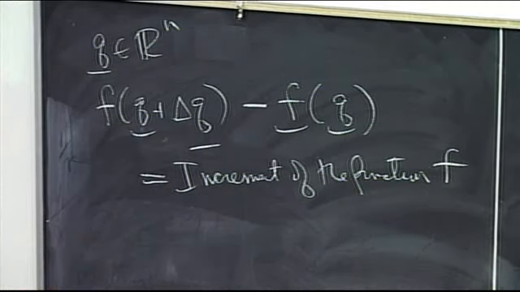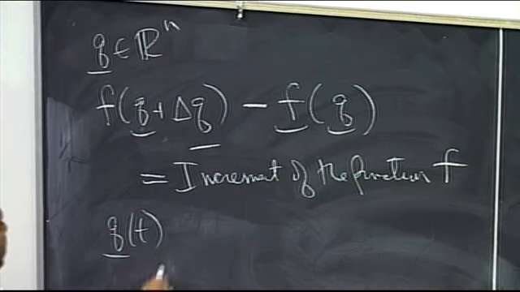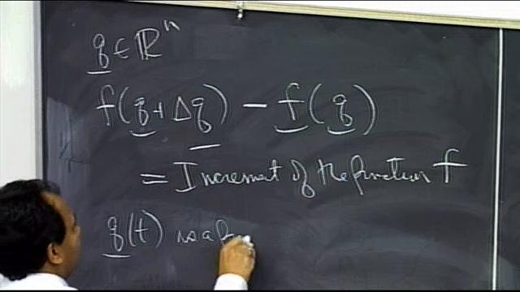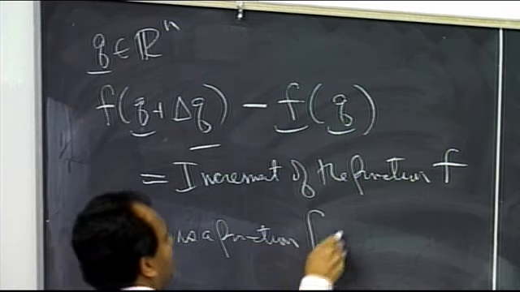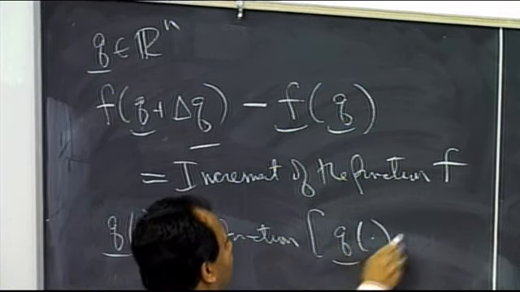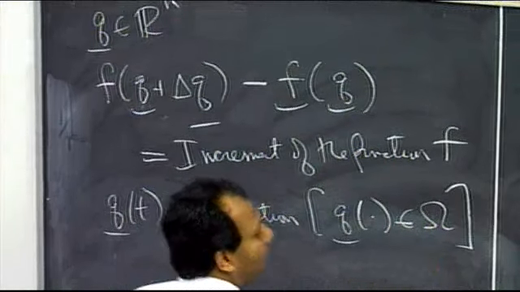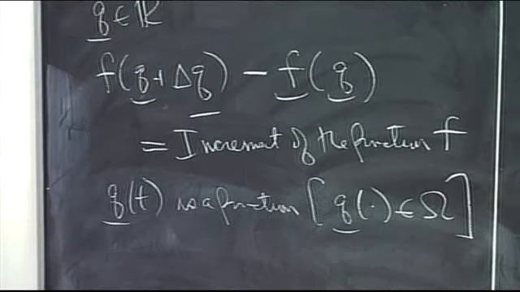Now, the next thing I do is I say this. Suppose I have Q of t is a function. So what I'm saying is that Q of dot is an element of this set omega, all right? Now what I'm saying is that I can do this.